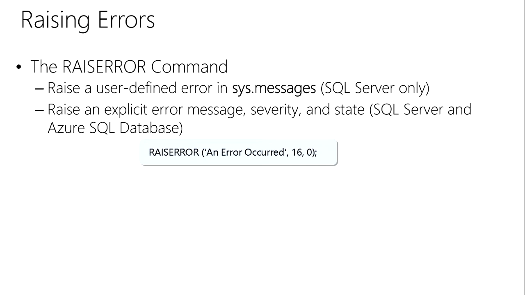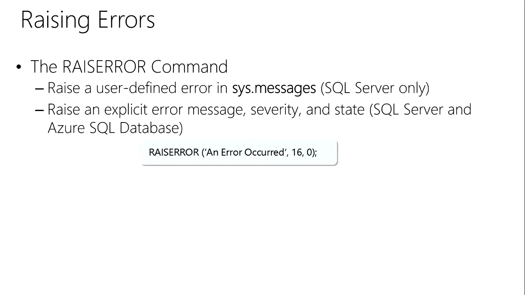Yeah, you're not allowed to use anything 50,000 or below. That's right, yeah. So when you create your own custom error numbers, they can't be less than 50,000. And I believe it may be 50,000 or 50,001. We'll actually see in the demo. But it'll raise the error with that error message, and I can specify the severity and I can specify the state when I do that. So in this case, I've set a severity of 16 and a state of 0.